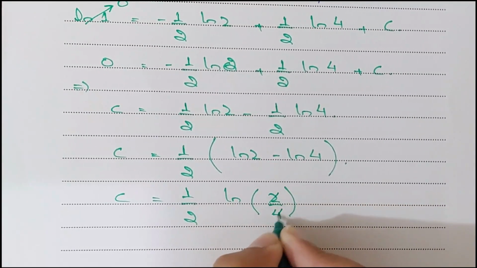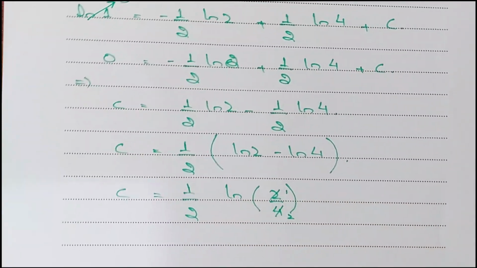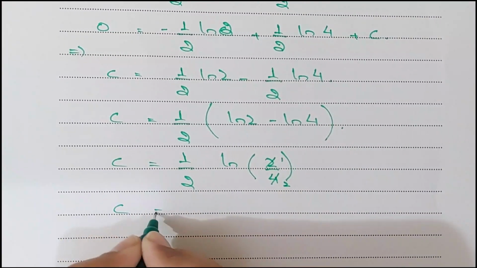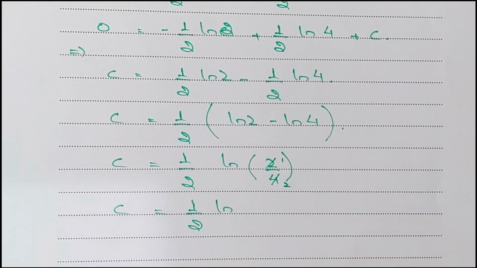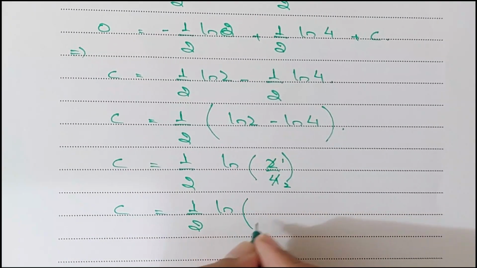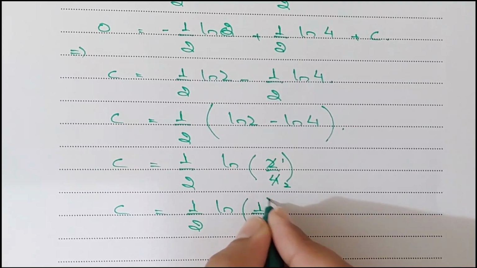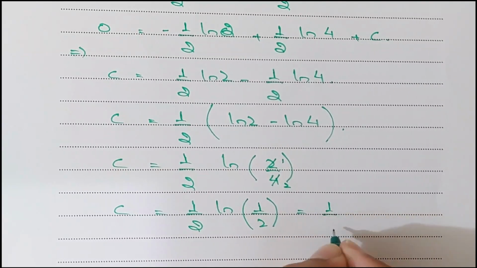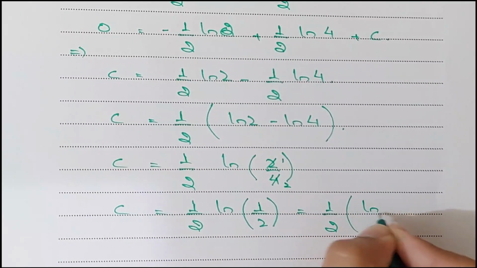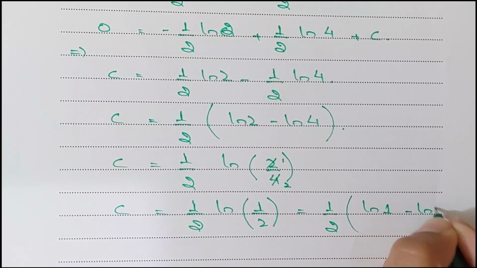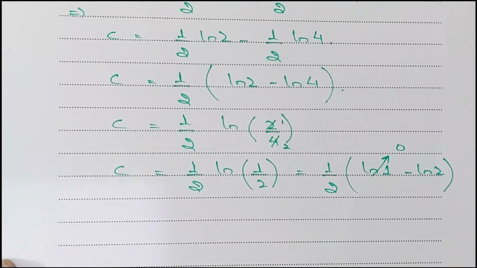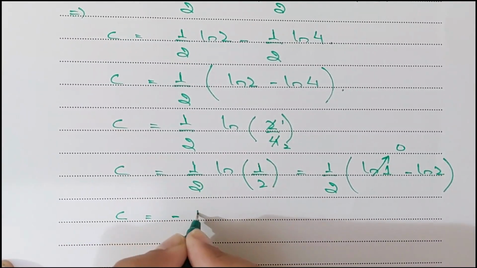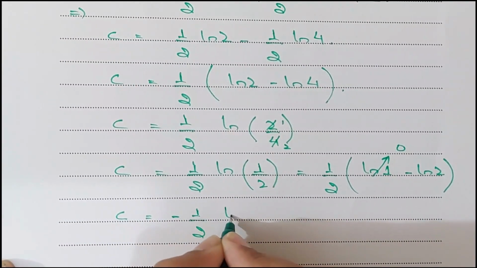Right, so 2 times 1 is 2, 2 times 2 is 4, so this is 1 by 2. So c is 1 by 2 ln of 1 by 2, or we can rewrite this as 1 by 2 ln of 1 minus ln of 2. Ln of 1 equals 0, so c equals minus 1 by 2 ln of 2.